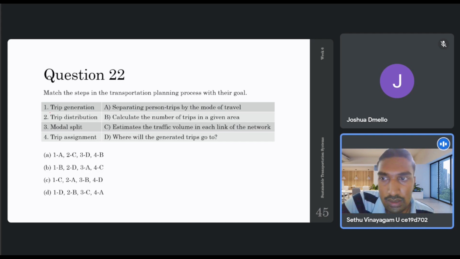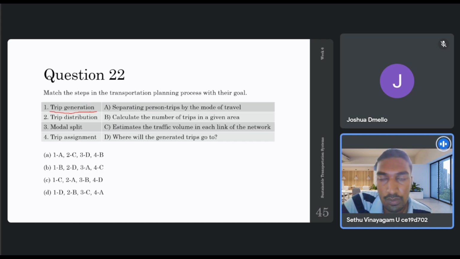As we discussed, the first stage is trip generation, in which we try to estimate how many trips will be originating from each zone in the study area, and how many trips will be attracted to each zone. We don't know to where they are going or from where they are coming, but we know how many will be going out and how many will be coming in. That is the output of the trip generation step.